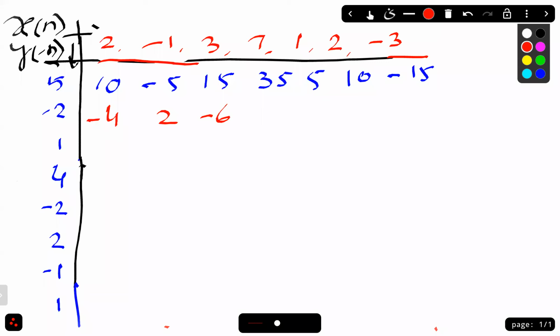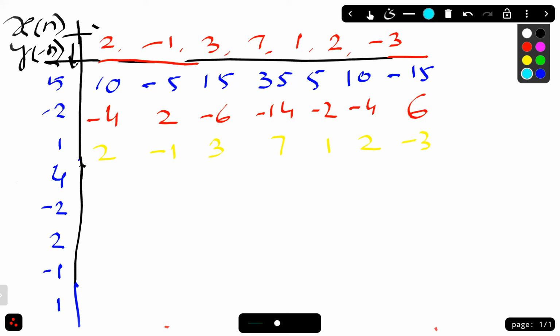Fewer people solved the example that day, so you start doing it parallelly. So it's minus 14, then 1 into minus 2 is minus 2, then 2 into minus 2 is minus 4, then again minus 3 into minus 2, so it is 6. Okay, then next 1 into 2 is 2, minus 1, 3, 7, 1, 2, 2, minus 3.